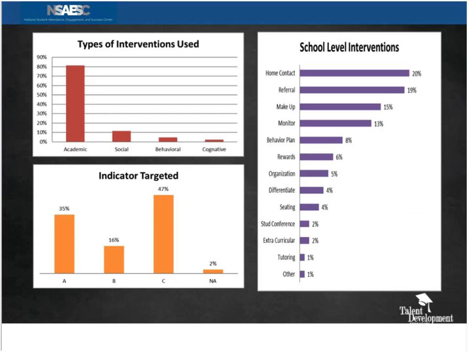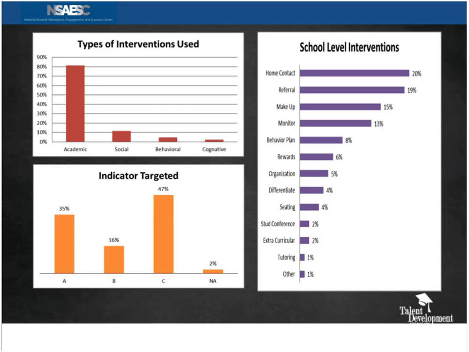So this one, some of them focused on types of intervention used. Some of them focused on what percentage of the ABCs did we focus on. And then also, what were the school level interventions that we used the most? And for this example, it was home contact, where they used that percentage the most.